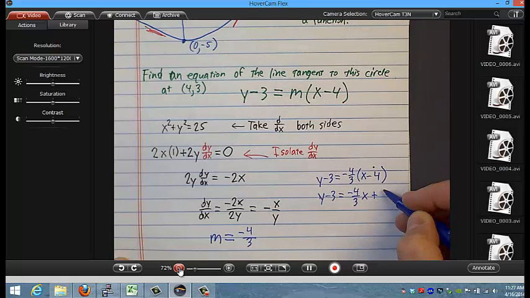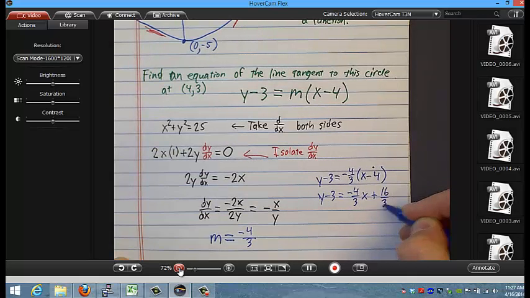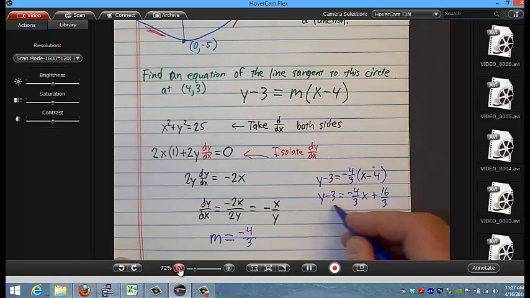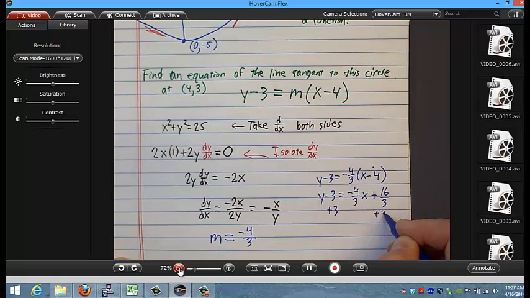So this is plus 16/3 if I do 4/3 times 4. And then if I add 9 more thirds, because I'm adding 3 to both sides, what I get is y equals negative 4/3 x plus 25/3.